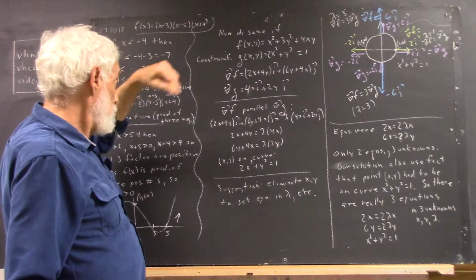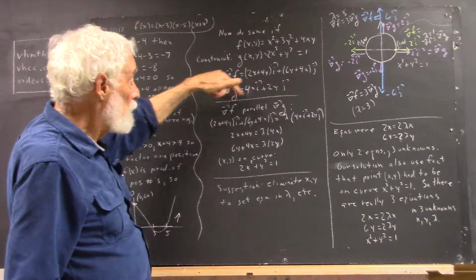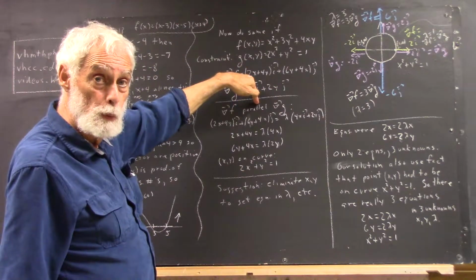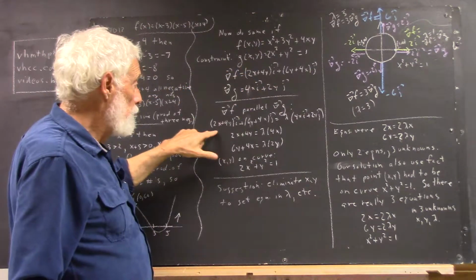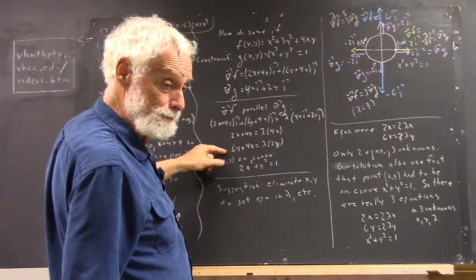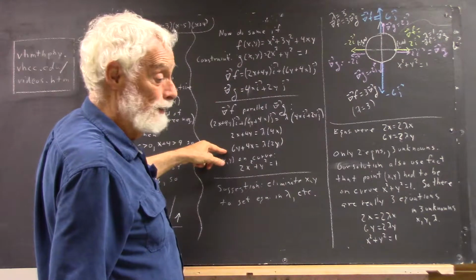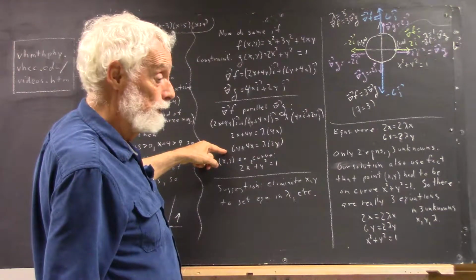Okay, so del F is parallel to del G. We want to write that down to remind ourselves of what we're doing. And then we write out that equation, and then we write this out. At first I'd really recommend you don't skip steps.